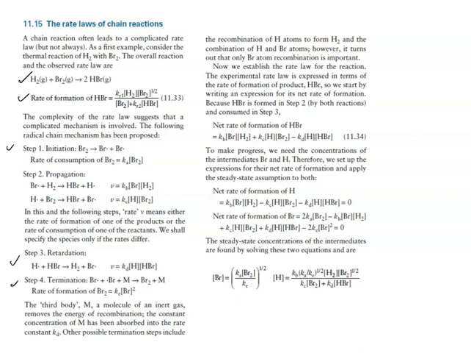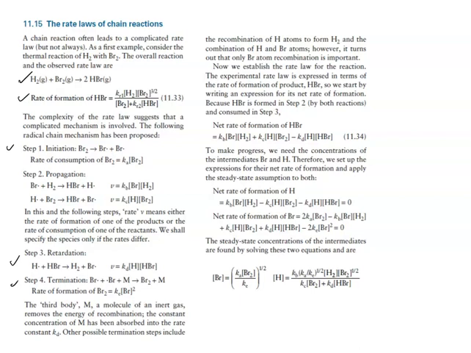The constant concentration of M has been absorbed into the rate constant, k_D. Other possible termination steps include the recombination of hydrogen atoms to form H2 and the combination of H and Br atoms. However, it turns out that only bromine atom recombination is important in this context of the mechanism.